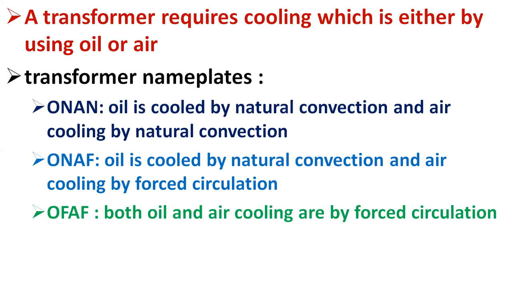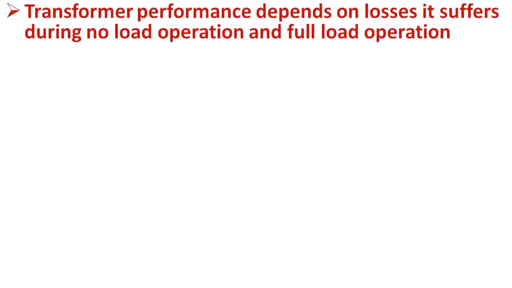ONAF means oil is cooled by natural convection and air cooling is by forced circulation. OFAF means both oil and air cooling are by forced circulation. Transformer performance depends on the losses it suffers during no-load operation and full-load operation.